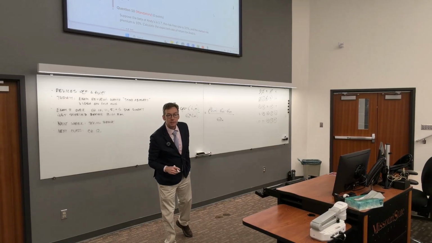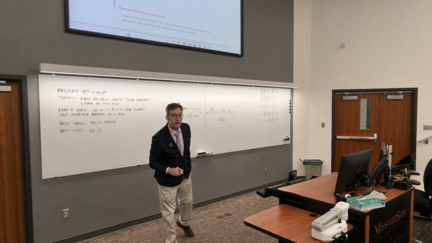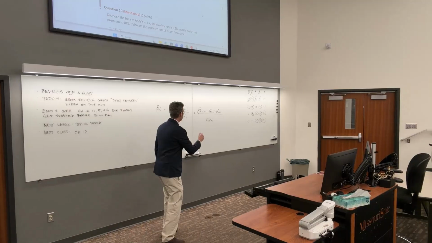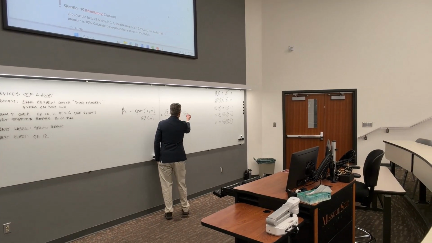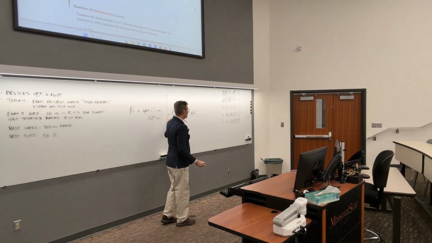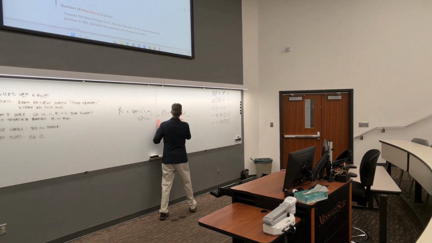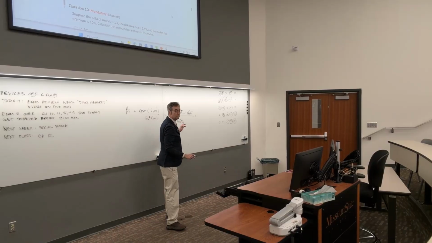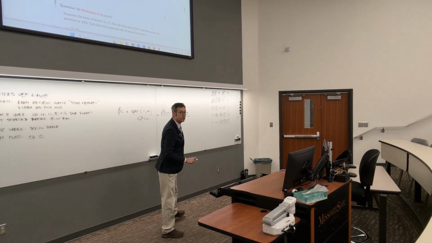Now, there's some simplification we can do right now. What happens? Yeah, so this thing and this thing cancel out. And so what I'm left with here is the correlation times the standard deviation of the stock divided by the standard deviation of the market.